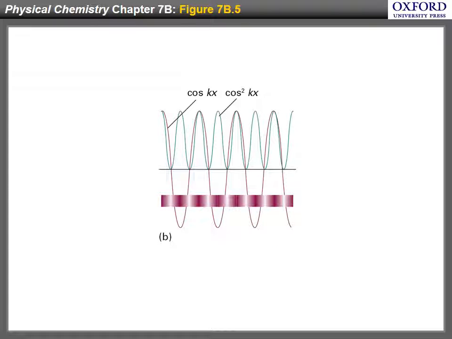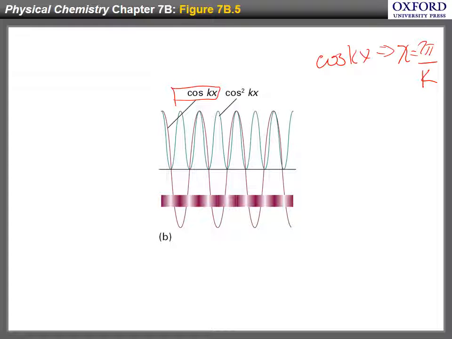And we will conclude with this slide, which illustrates the probability distribution corresponding to the wave function. As you can see, we have cosine kx, and if you remember, cosine kx was related to the wave. Just a refresher: the wavelength equals 2 pi divided by k.